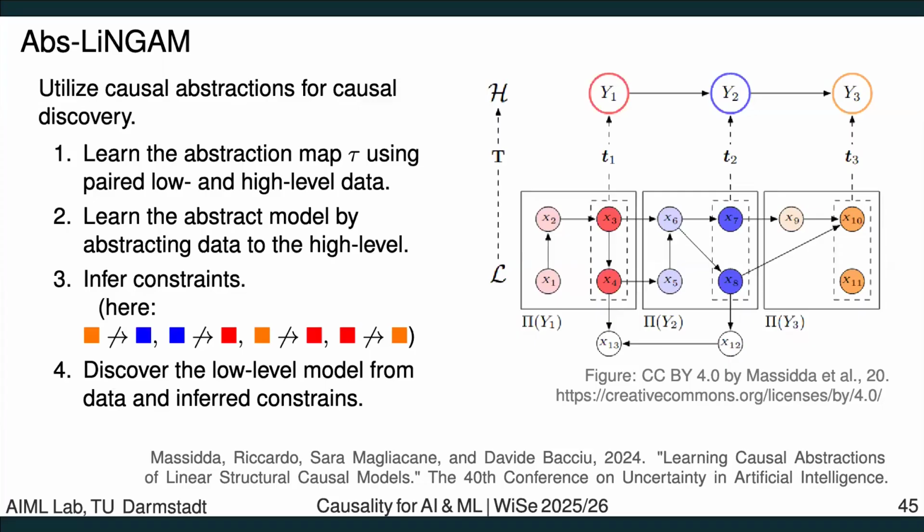The blue ones cannot affect the red ones. So from this high-level structure, you at least know some constraints or some edges that cannot be there in your low-level model. And the thing that is left to discover is which specific variables of the blue ones affect which variables in the orange ones. So basically, this high-level approach gives you some constraints, which makes your causal discovery on the lower level more robust.